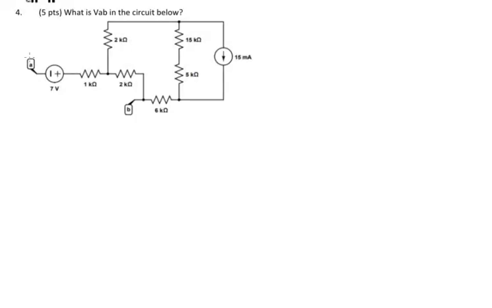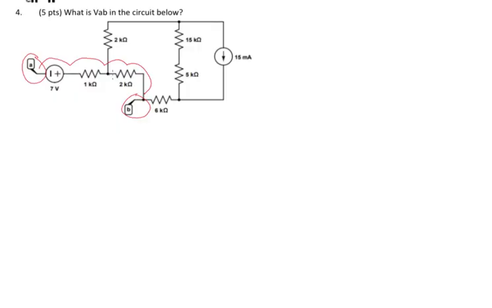Okay, so we want to find the voltage between node A and B. Now, typically we would go down straight from A to B and calculate voltage drops and voltage gains.